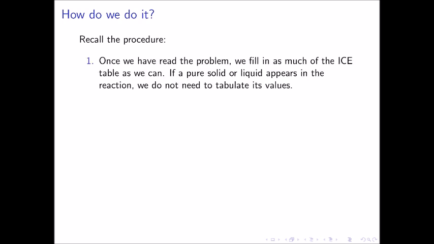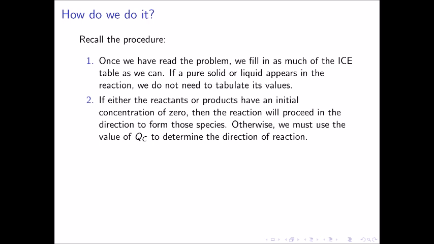Step 1. Once we have read the problem, we will fill in as much of the ice table as we can. If a pure solid or liquid appears in the reaction, we do not need to tabulate its values. 2. If either the reactants or products have an initial concentration of 0, then the reaction will proceed in the direction to form these species.